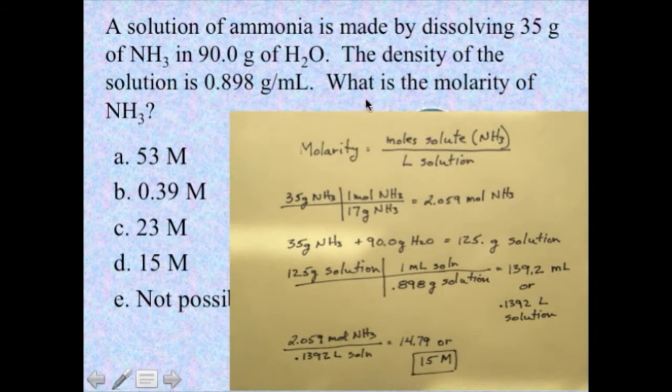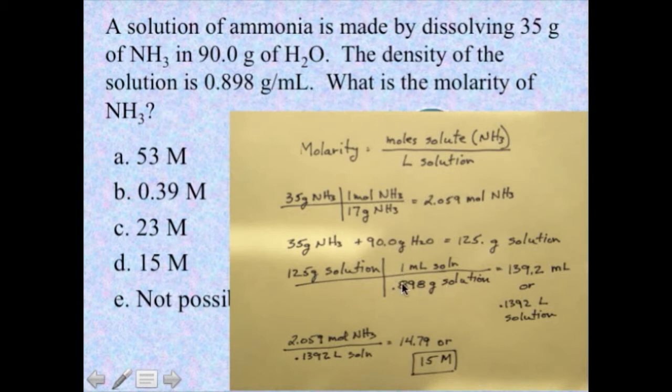Okay, we're being asked for molarity of ammonia, which is moles of ammonia per liter of solution. We're given 35 grams of NH3, and we convert that into moles of NH3, and we add the grams of NH3 to the grams of water that we're given to get the grams of solution.